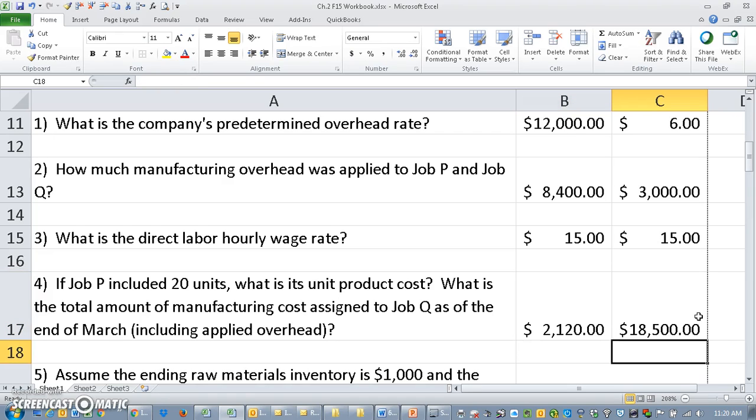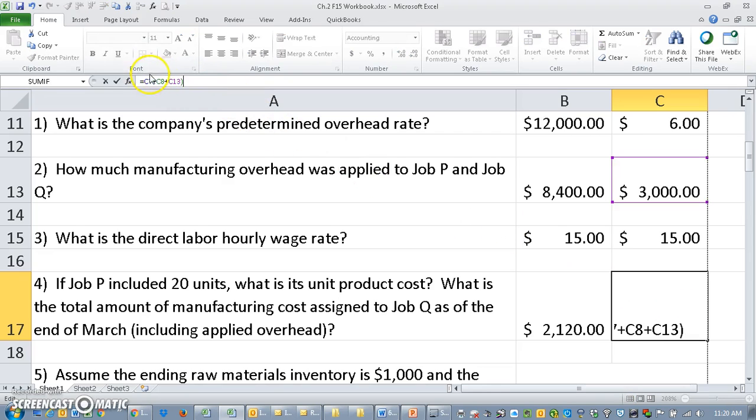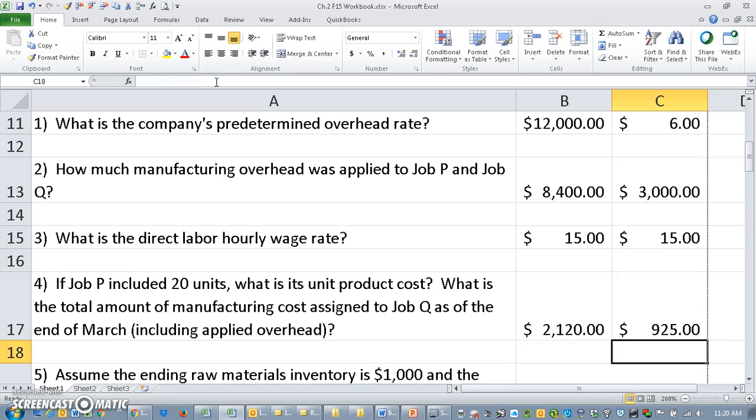So let's say, just for the sake of argument, as an example, not that we're given this, they also were able to produce 20 units. That would give it a unit cost of $925 per unit. Now they're not done with this job, but let's say they've completed 20 and maybe the job asks for 25 units.